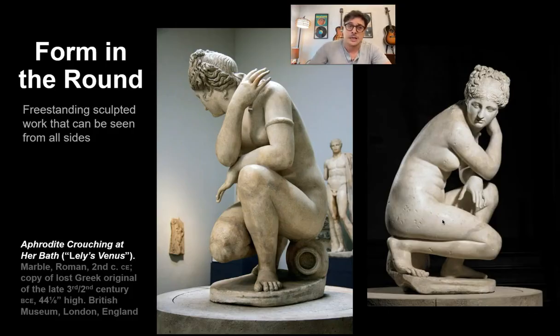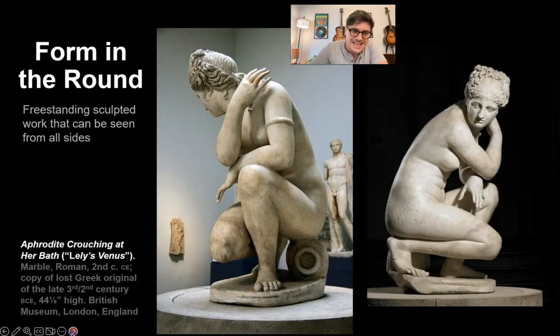That's a texture. We also have, I'm going to double this slide with something that's called in the round. Anything that you can walk around in 360, right? That's called in the round. The David, or any other sculpture, really, would be able to be used in this kind of classification.